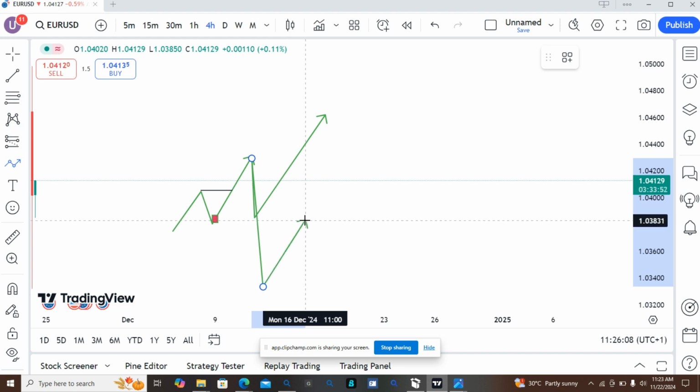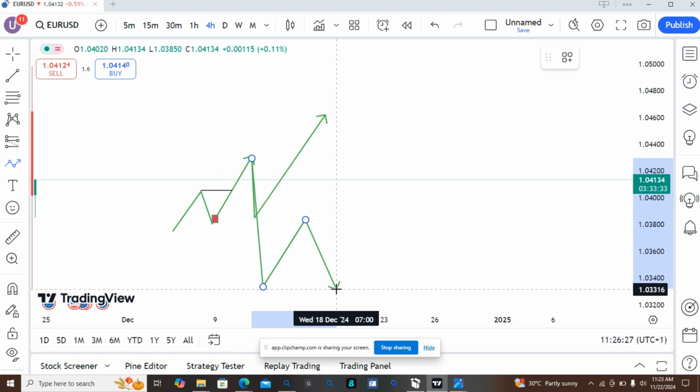What you will do is go down to 15 minutes, because the time frame we are showing you is the 4-hour time frame. All you need to do is go down to the 15 minutes time frame and look for a change of character towards bearish momentum, and you take your trades down to this zone.